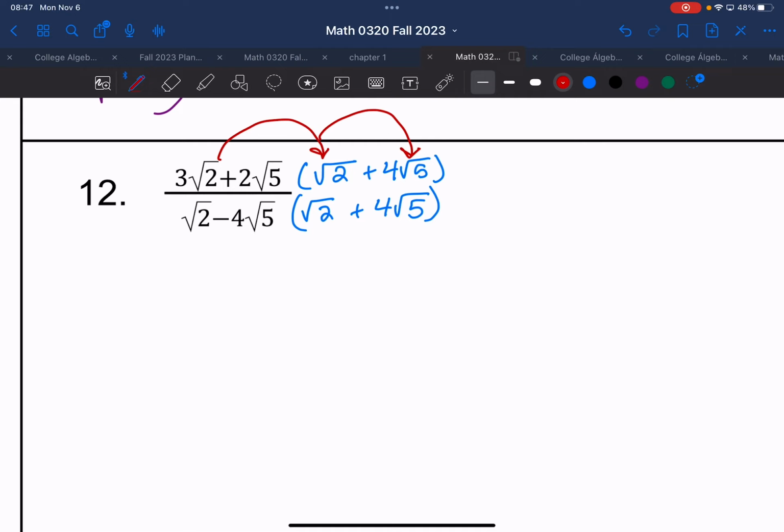we have 3 square roots of 2 times square root of 2. What is going to happen to those 2 square roots of 2? So the square roots are going to cancel, right? And what number do we have left there? 2. So this is technically 3 times 2.